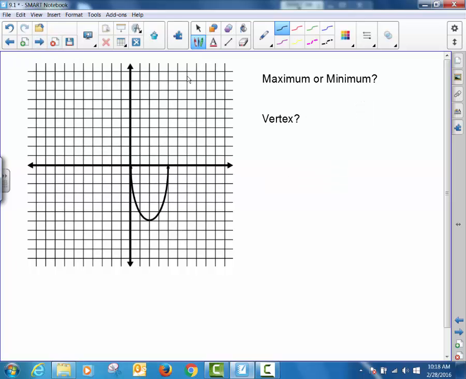Does this one have a maximum or a minimum? Correct, it has a minimum, and the minimum is located at 1, 2, 3, 4, 5, 6. I'm having a hard time with my marker here, I'm sorry. The minimum is -6, and the vertex is located at 1, 2, -6. The vertex is 2, -6.